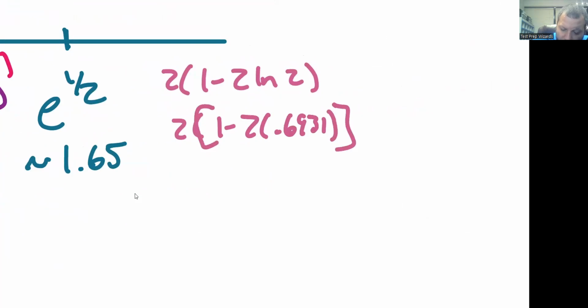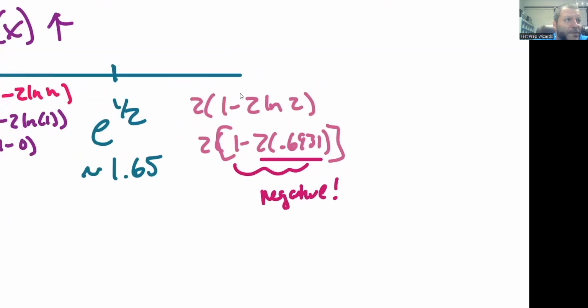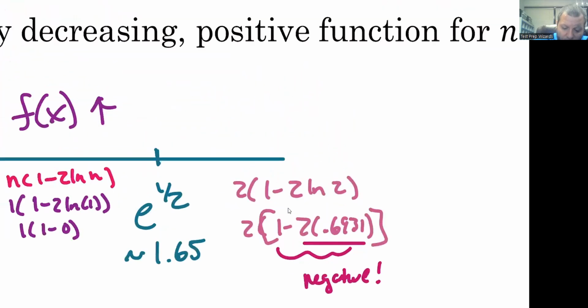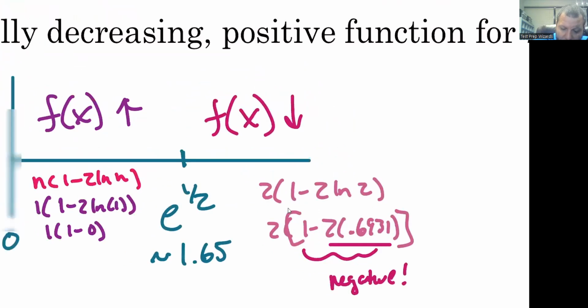So 2 times 0.6931 is bigger than 1, right? This is like 1.4-ish, 1 minus 1.4-ish. This is going to be negative. 2 times a negative is still going to be negative. So this means f of x, or I should say a of n, rather, is decreasing.